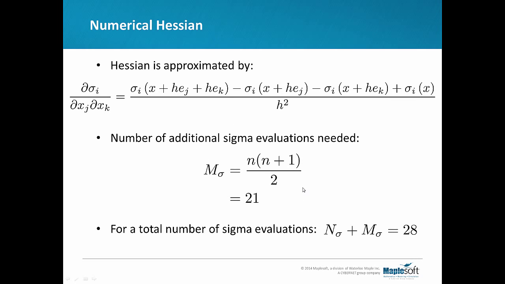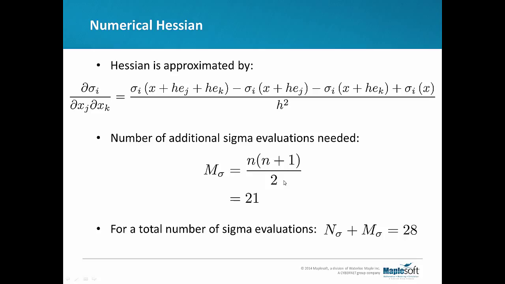What happens when you numerically approximate these is you end up using the forward differences again. You have to calculate doubly perturbed values of x for evaluating sigma at those points as well. The number of evaluations you'll need to compute these new terms is n times n plus 1 over 2.